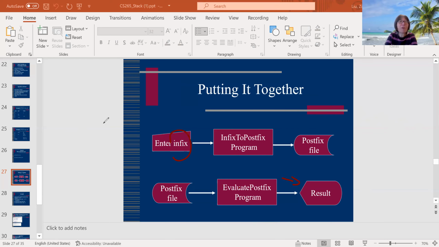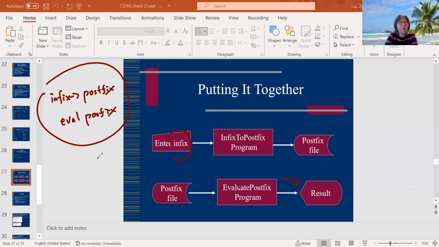So with both of these, infix to postfix, then we evaluate postfix, then basically you can write a calculator application. And if you recall previously, we also learned JavaFX.